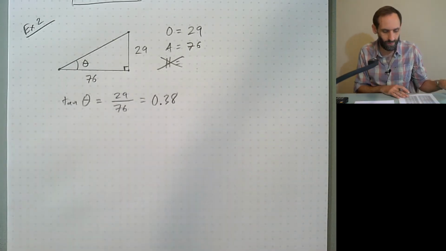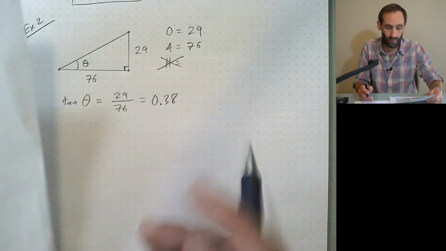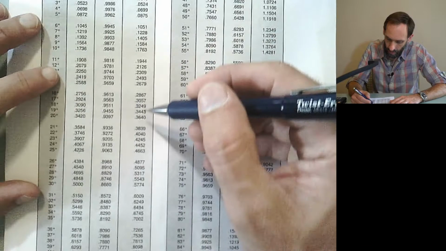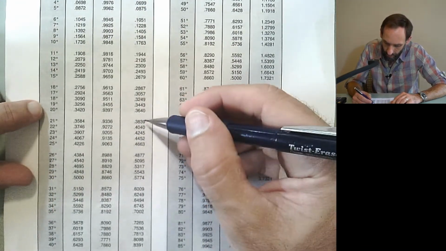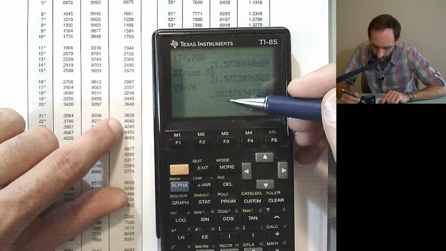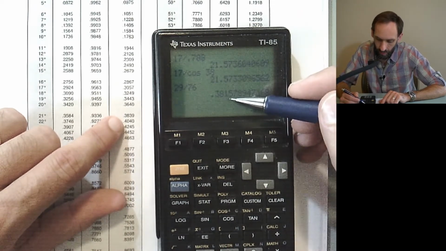Well, if we go back to our table, we can look for this ratio of 0.38 in the tangent column. So let's go to the tangent column here. And scrolling down, scrolling down, scrolling down. Okay, here I see a 0.36. And here I see a 0.38. It's just a little bit bigger than this, right? 0.384 versus 0.381 or 0.382 if I round.